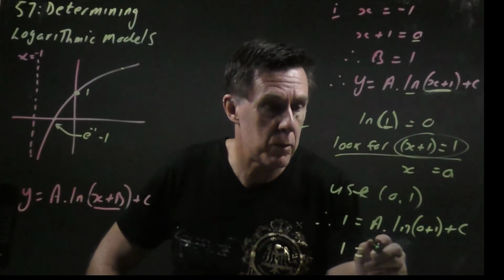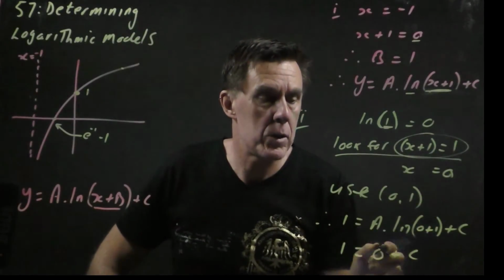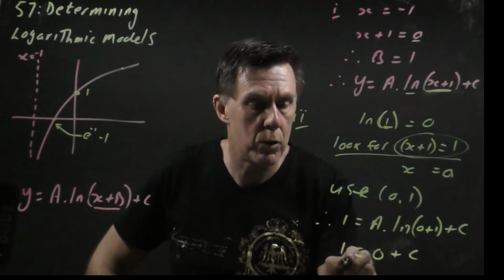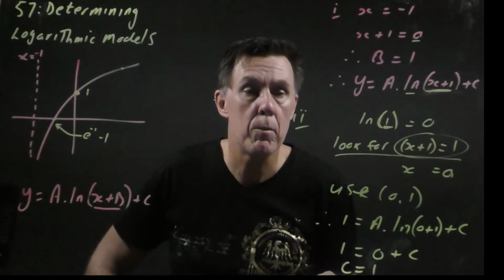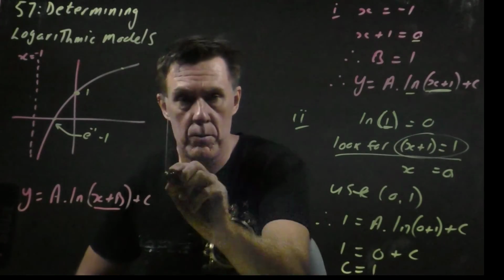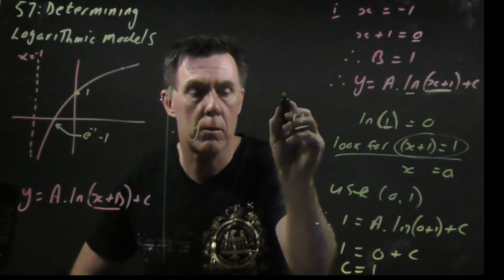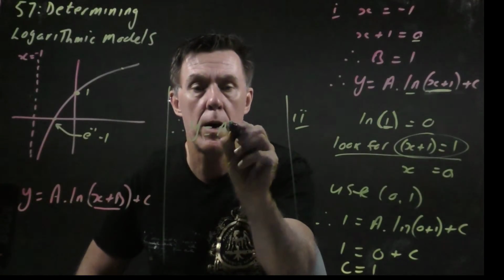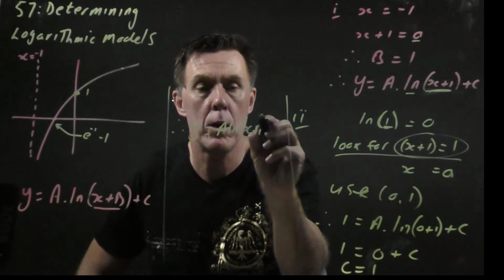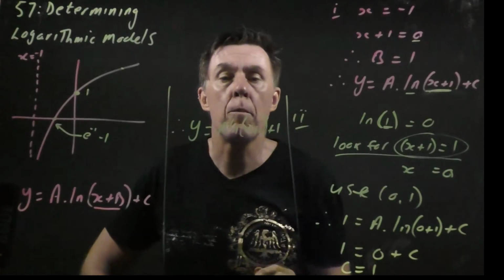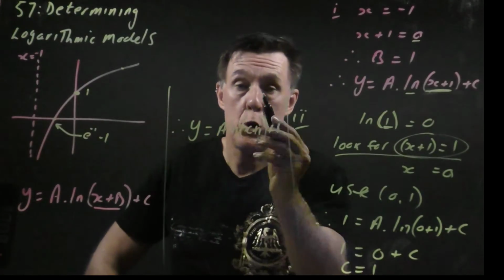So 0 times a is going to be 0, plus c, I now therefore know that c must be equal to positive 1. So therefore my equation is currently y is equal to a log of x plus 1, plus 1. So I've got 2 bits of information found.